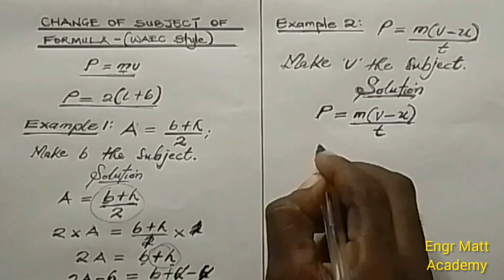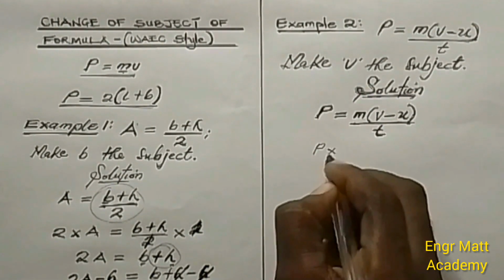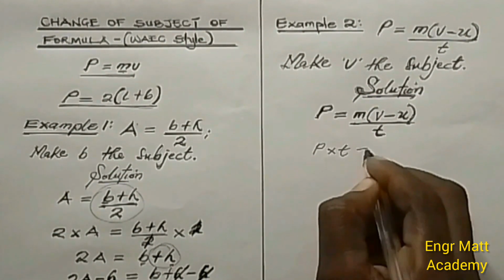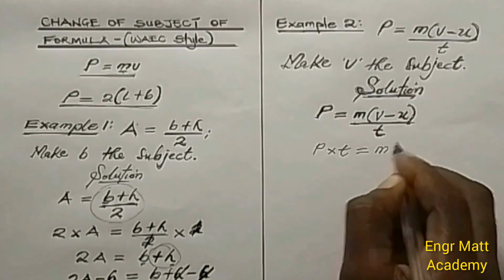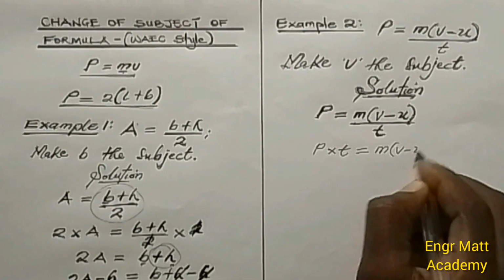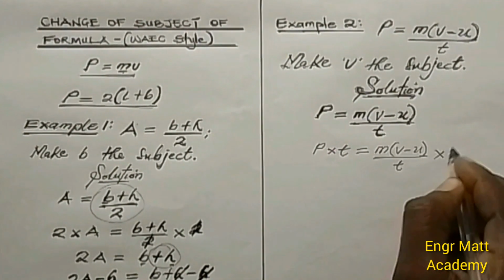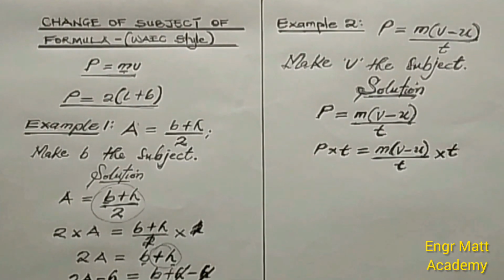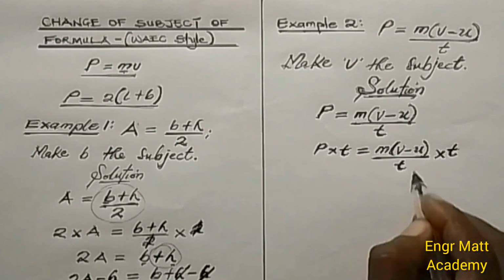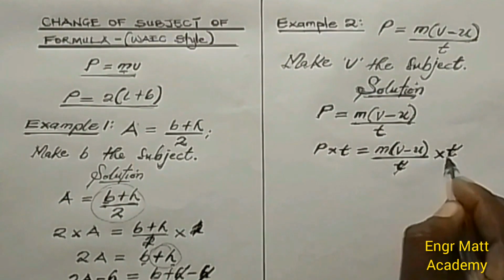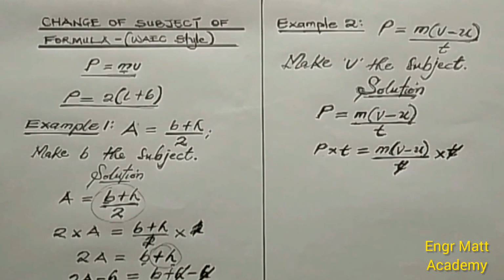That is, P times T is equal to M open bracket V minus U close bracket all over T times T. Having multiplied both sides by T, T will cancel out on the right hand side. So what do we have left?